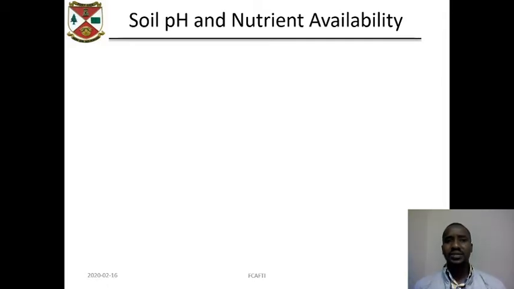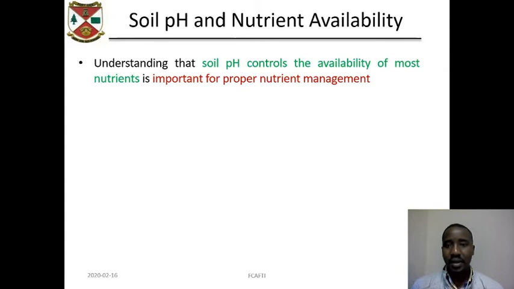So let us look at soil pH and nutrient availability. This is just a reminder that understanding that soil pH controls the availability of most nutrients is important for proper nutrient management.